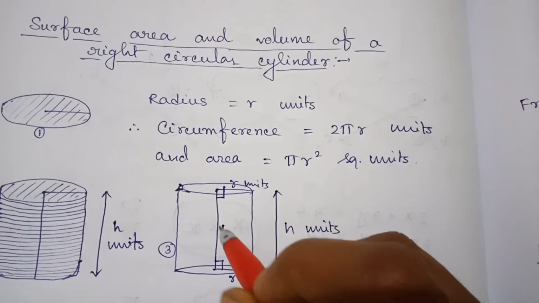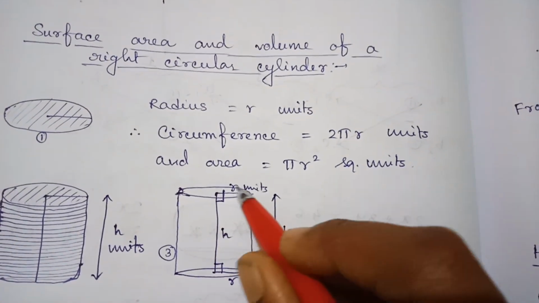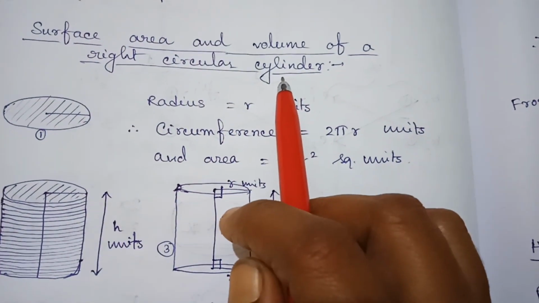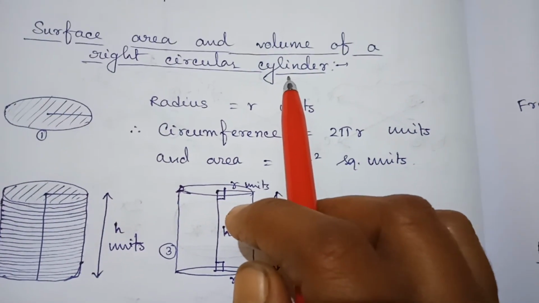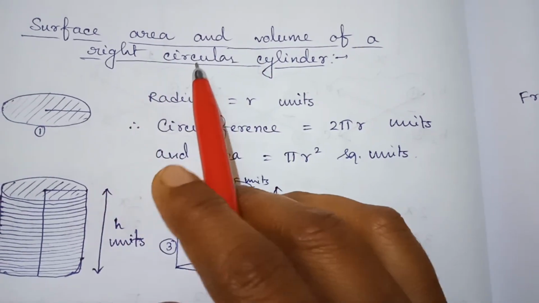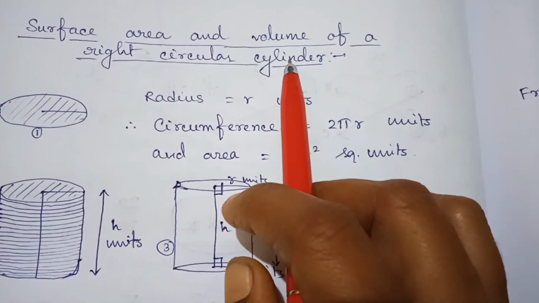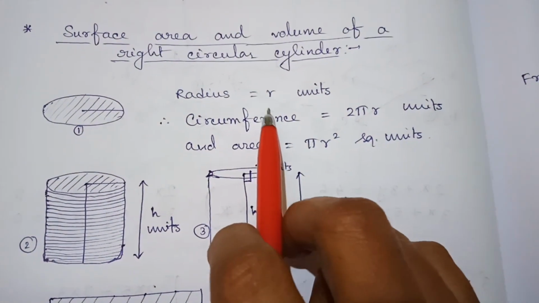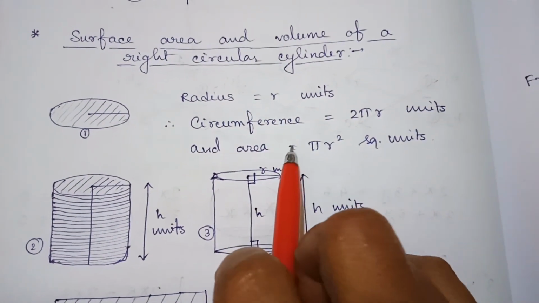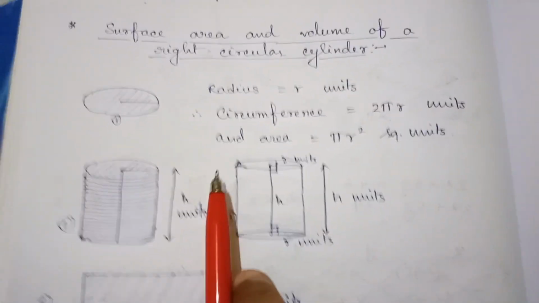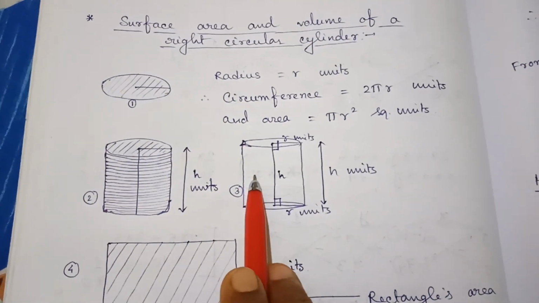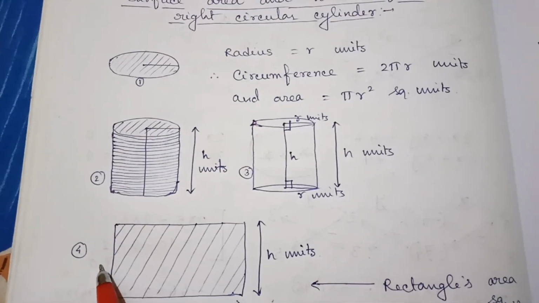For that reason, this type of cylinder is called right circular cylinder. In our syllabus, only right circular cylinder will be discussed. Now I just told that you have got these 3 measurements. Coming to figure number 1, number 2, number 3, and now the 4th figure.